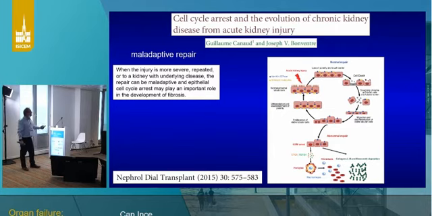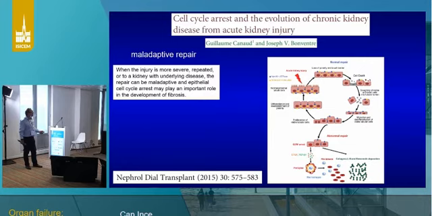Normally speaking, when you have acute kidney injury, excellent paper by Joe Bonventre here, the tubular cells which form the barrier will get disrupted, cell death will occur, then you will get a reconstitution of the cell barrier because the epithelial cells will allow regeneration. So this cell cycle is very important.